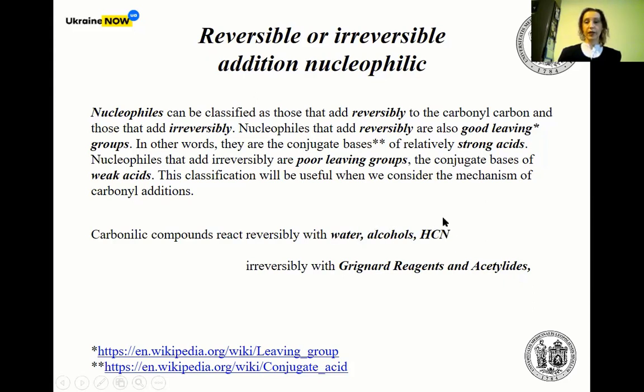In case of HCN, we will use alkali medium to increase the strength of the nucleophile. And here I added links to Wikipedia about leaving group and conjugated acids that help you to understand this paragraph better.